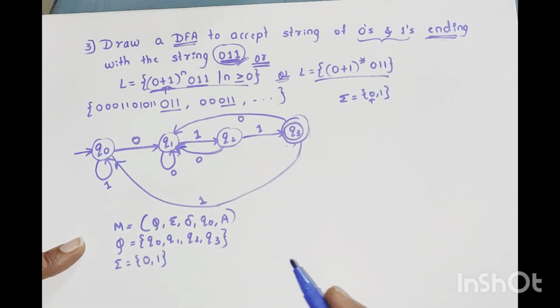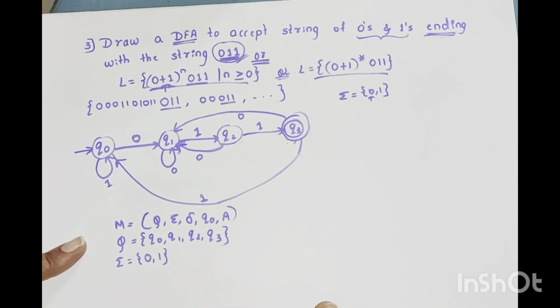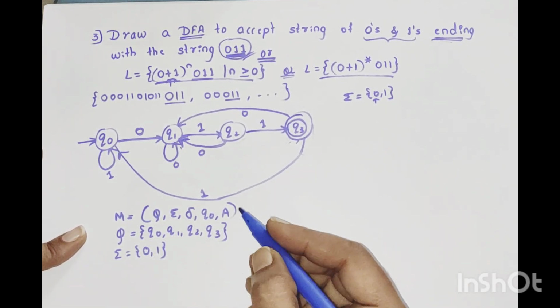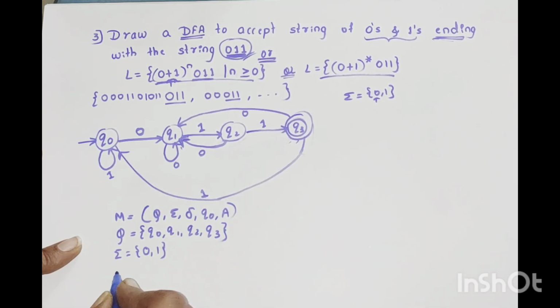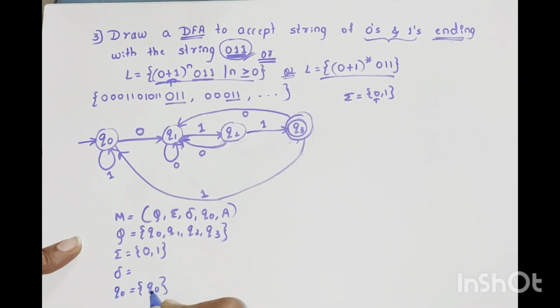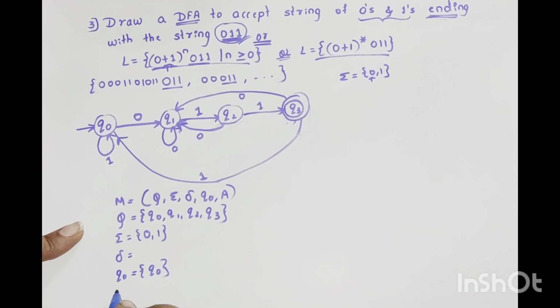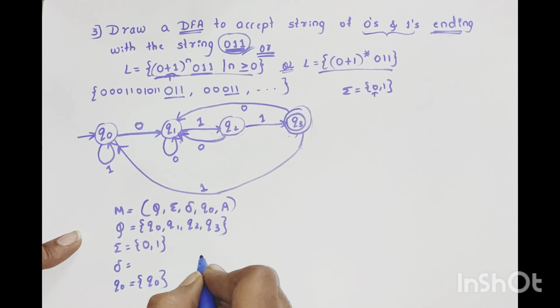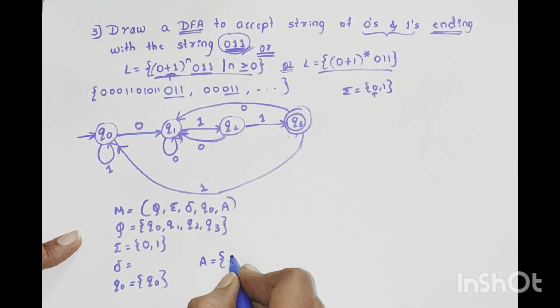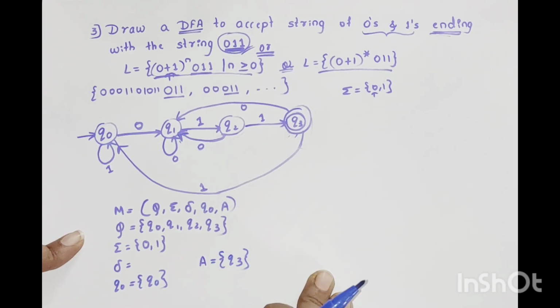Then delta, so you try the delta table yourself by seeing this given DFA. Then Q0 is the start state for the obtained DFA. Then A is the final state. So here the final state is Q3. So I will write Q3 as the final state.